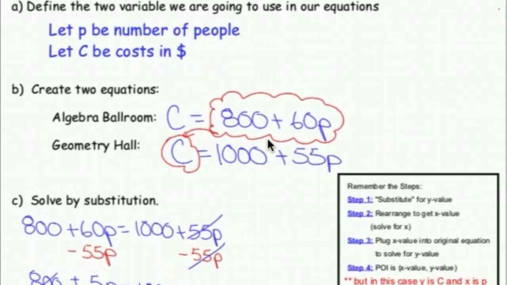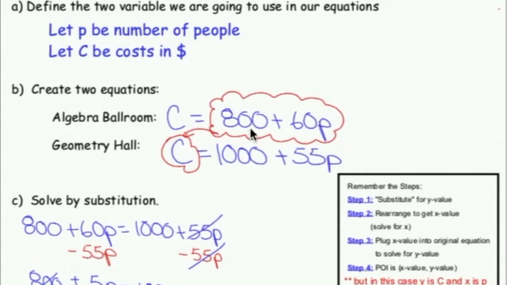So first things first, we need to define two variables we're going to use for our equation. We're going to have P be the number of people and C be the cost in dollars. Now we're going to create our equations. If we look at the algebra ballroom, our cost is going to depend on its $800 flat fee, plus $60 per person, and that would be our total cost.